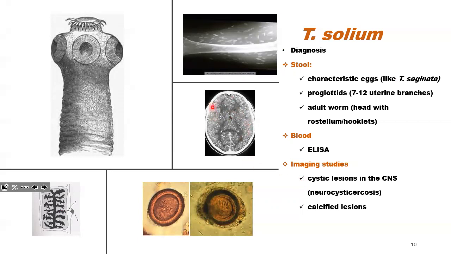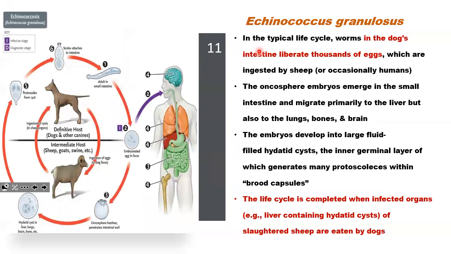So you can send them for imaging studies, and all these whitish specks you can see in this brain is the larval form of the worm. You can also have calcification of the cysticercus in muscles, striated muscles. So you may use imaging studies to assist you in diagnosis.